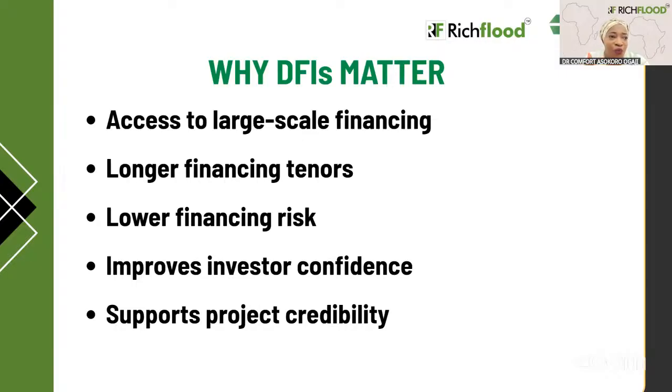Once a DFI has funded a project, it becomes very easy for a commercial bank to join in the funding, because most projects could be funded or sponsored by two or three, both commercial banks and DFIs, putting hands together to make sure the project succeeds.